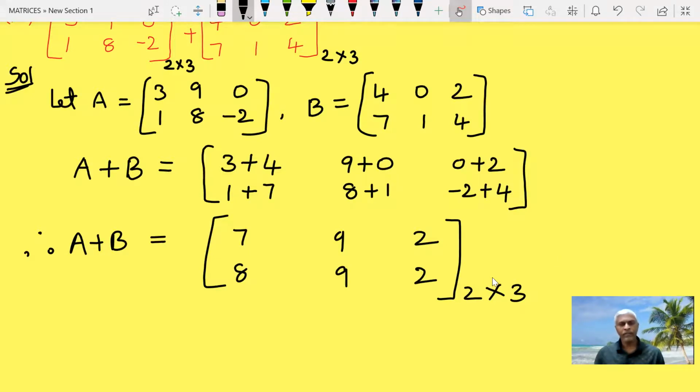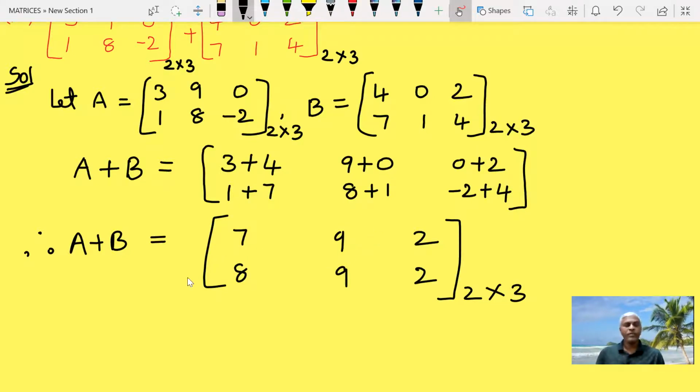We observe the resultant matrix order is also 2 by 3. If you add two 2 by 3 matrices, you get another 2 by 3 matrix. So the addition is of corresponding elements. So you remember these 2 points.